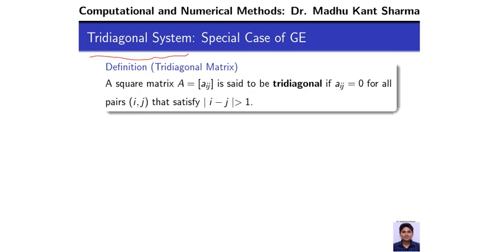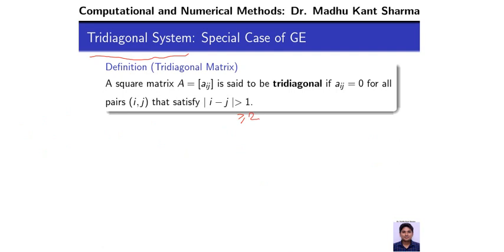So the definition is: a square matrix A is said to be tri-diagonal if you have zeros for all pairs that satisfy |i minus j| greater than 1, or you can say greater than or equal to 2.